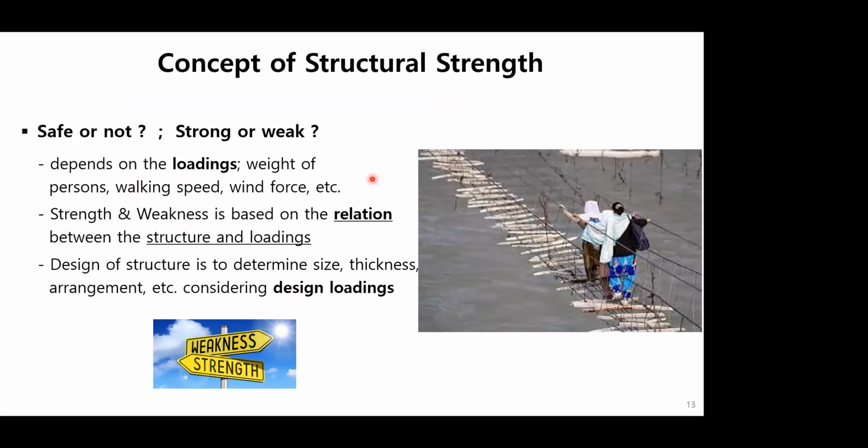Whether it's safe or not primarily depends on the loadings, such as the weight of the persons crossing the bridge, number of people, or their walking speed, frequency of crossing, wind force and direction, and current state of the bridge condition.